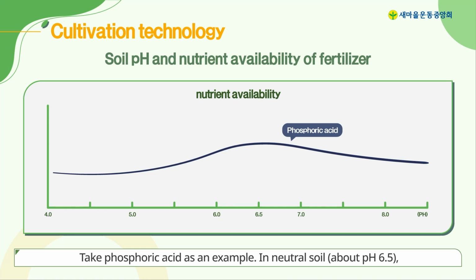In neutral soil, about pH 6.5, let's say we give 100 units of phosphoric acid. Then 100 plants can use it. But if the pH levels are 4.5 or 8.5, which means too low or too high, respectively, the plant bodies can only use half the amount of phosphoric acid fertilizer we give.